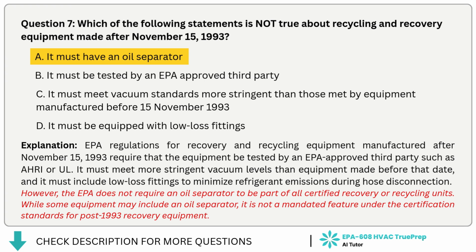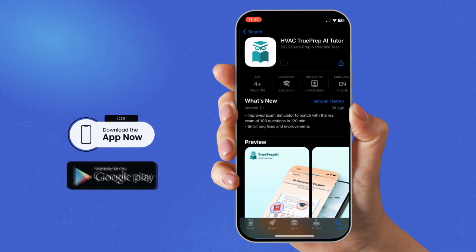However, the EPA does not require an oil separator to be part of all certified recovery or recycling units. While some equipment may include an oil separator, it is not a mandated feature under the certification standards for post-1993 recovery equipment.